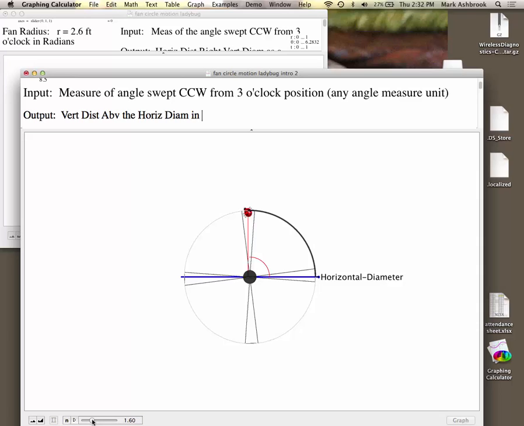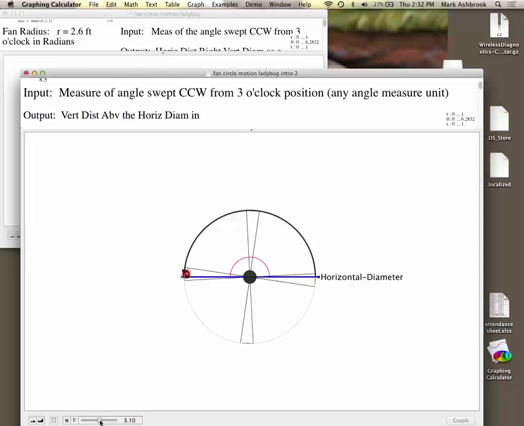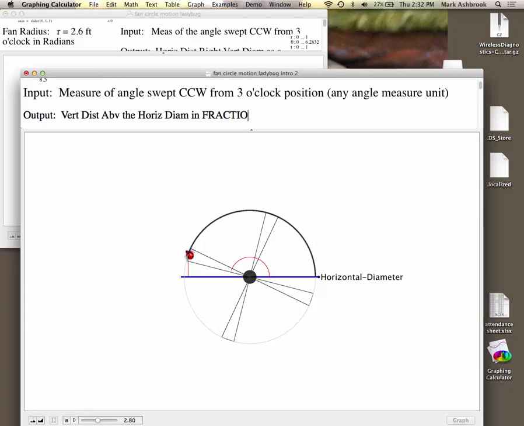So every other position on the circle is what related to 1? Less than 1. So rather than say radius lengths, to be really clear, we're going to measure the vertical distance above the horizontal diameter in fraction of a radius length.